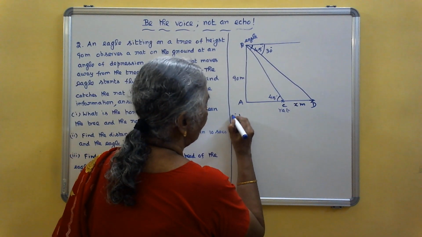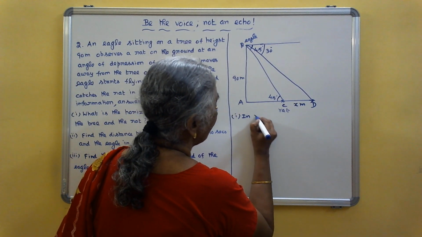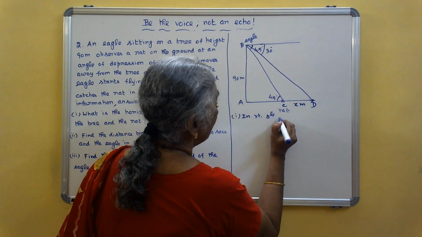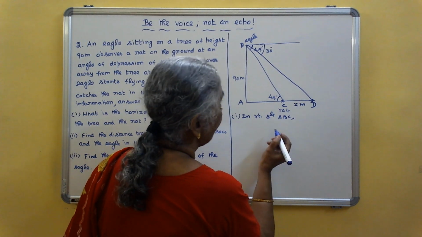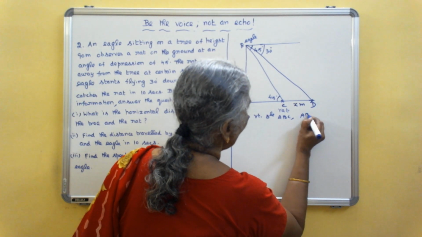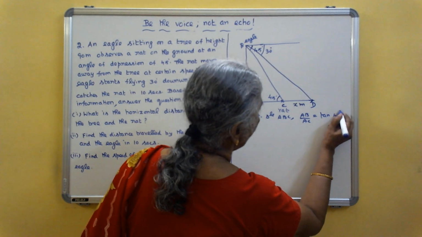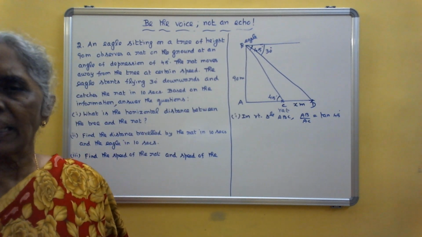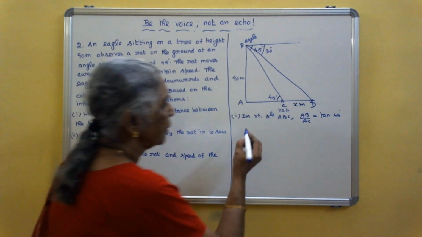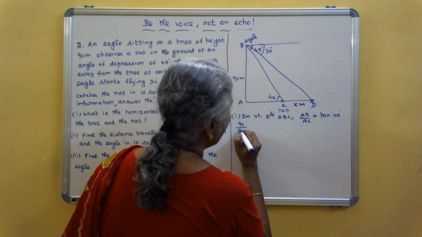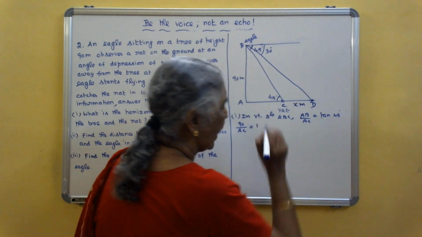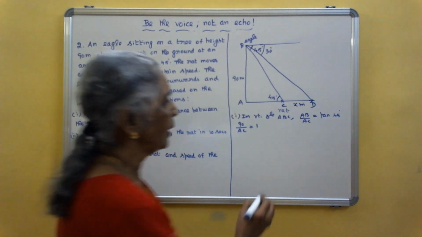In right triangle ABC, AB by AC is equal to tan 45, right? AB by AC is equal to tan 45. So 90 by AC is equal to tan 45, which is 1. Cross multiply.